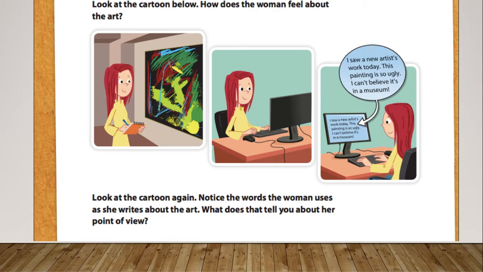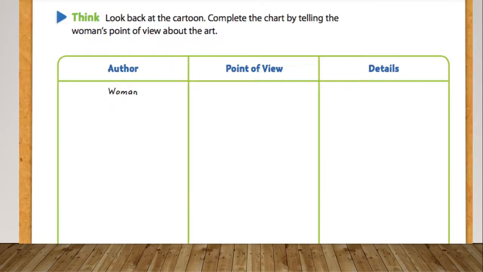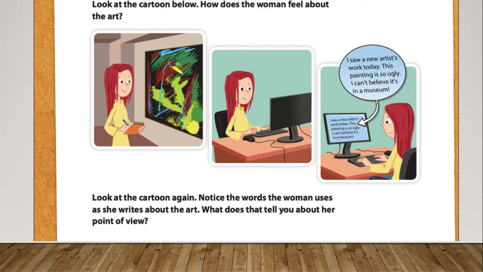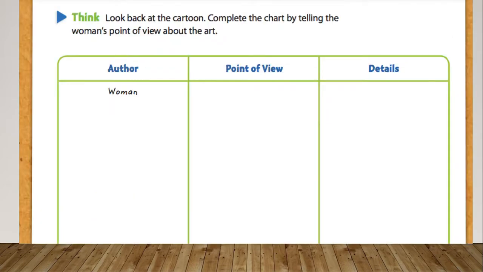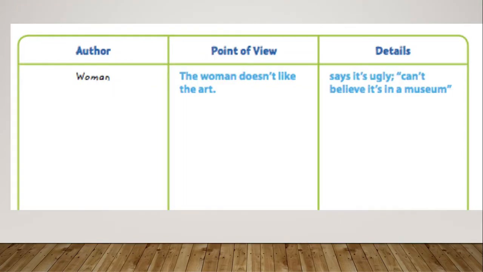When we look at this cartoon, we see that the person writing about this, the author, is a woman. By reading the words, we can tell that her point of view is that this artwork is ugly and she dislikes it. She does not like this painting at all.